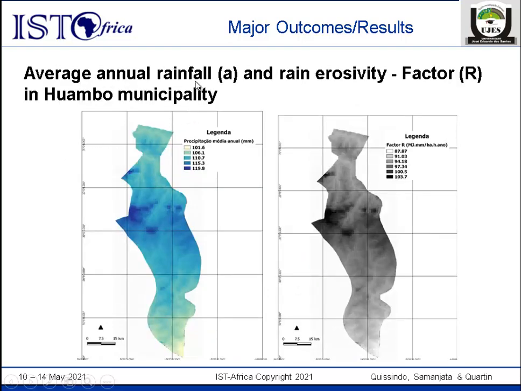Average annual rainfall was used to calculate rain erosivity, and when we compare our value with other studies, we see that this is also a low value to facilitate the occurrence of ravines in this area.